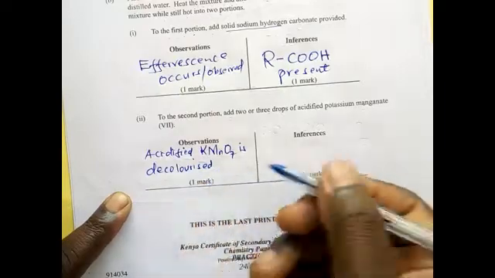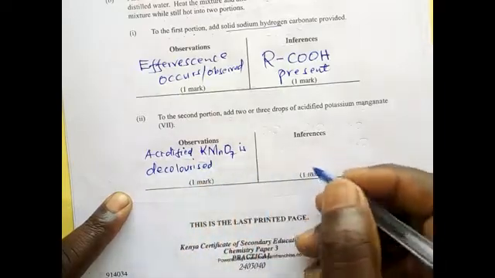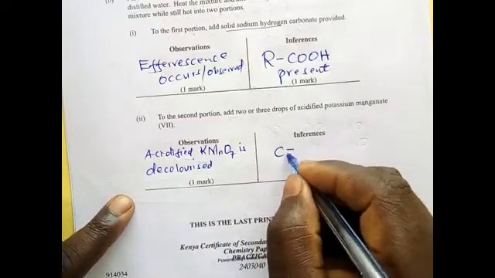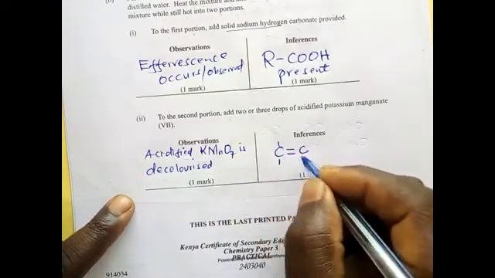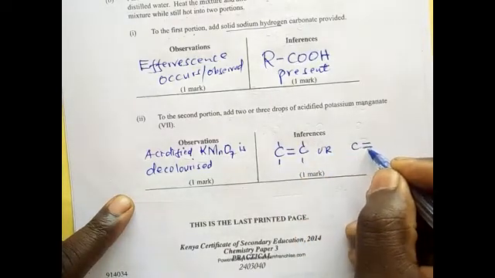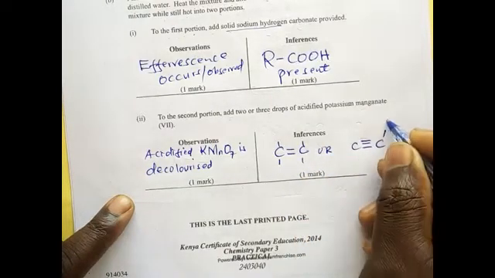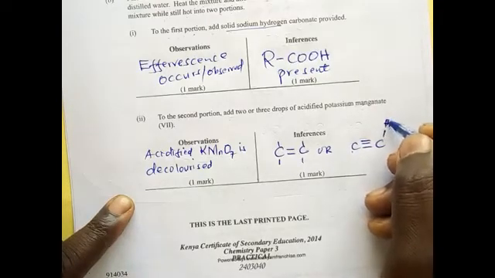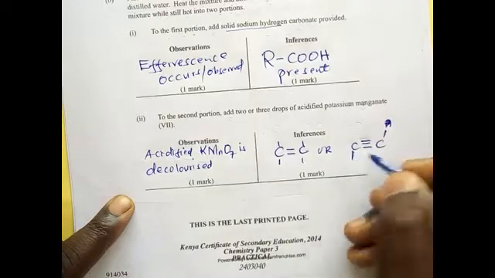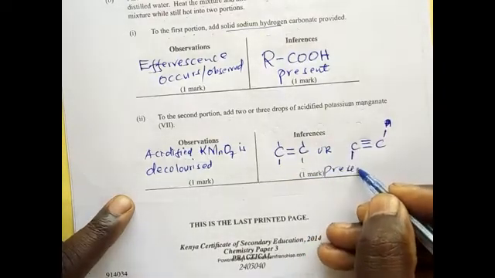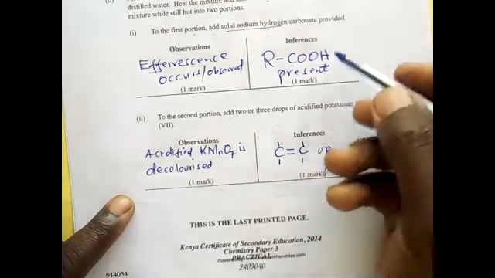So if it is decolorized, then there could be a double bond or a triple bond. You can put a dash; it's okay. So this one is present.